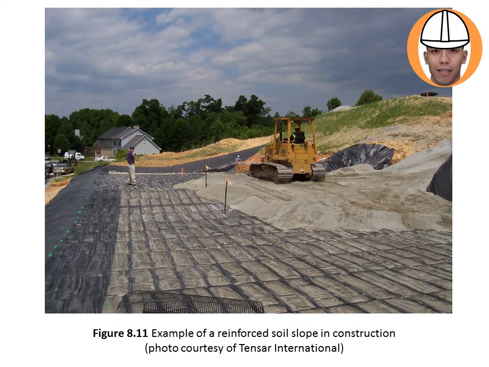This one is a reinforced soil slope in construction. So usually it is applicable in the design of highway that needs embankment, because the terrain is not uniform. Some terrains are flat, some terrains are rugged.